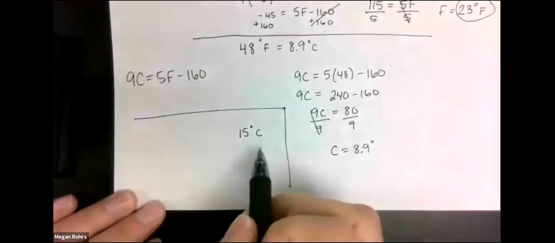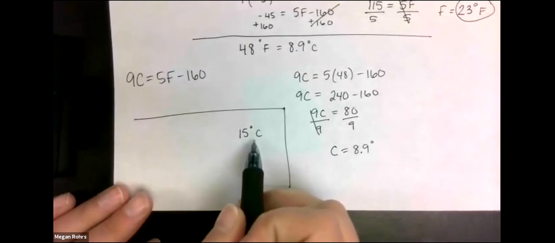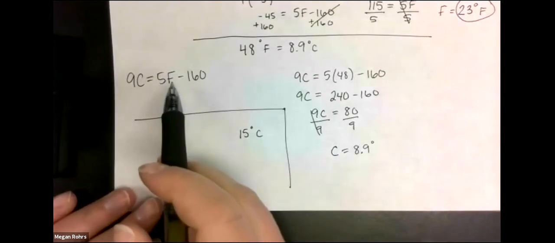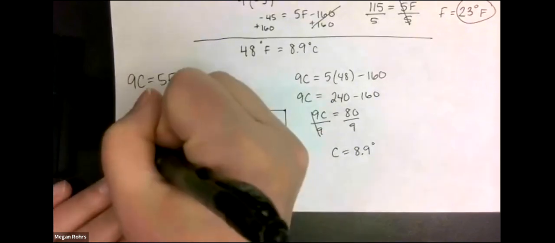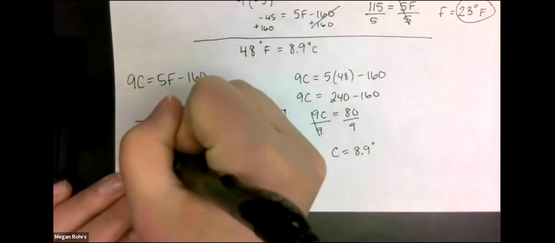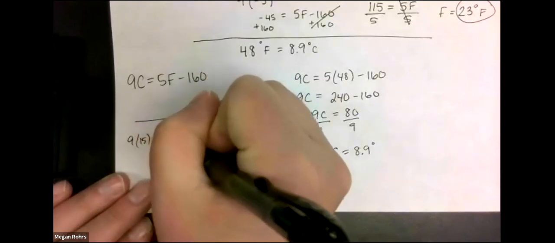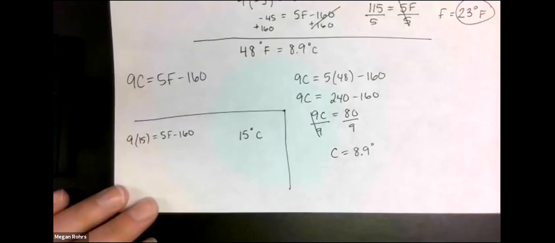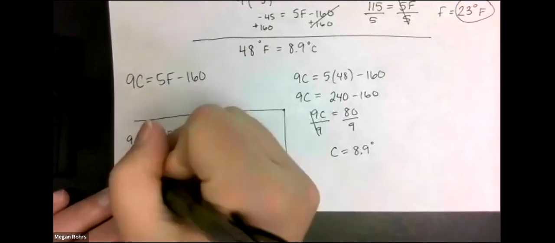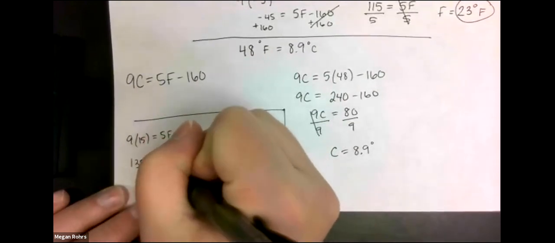All right, this last example, we have 15 degrees Celsius. We want to find Fahrenheit. So just plug this in where your C would go. So 9 times 15 equals 5F minus 160. So 9 times 15 is 135.